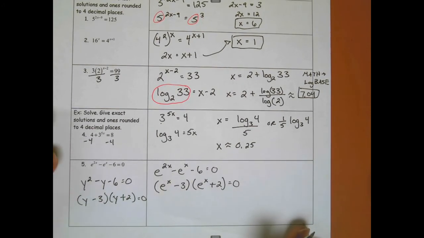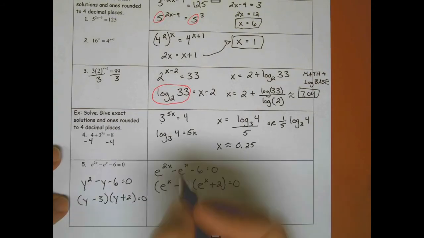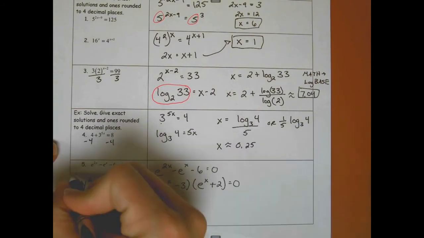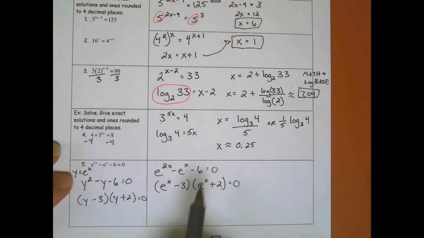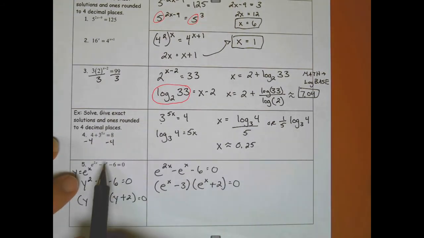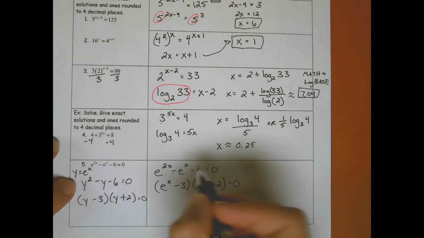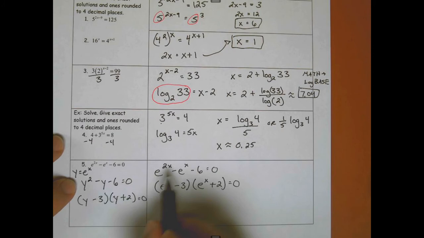Now we could do some kind of substitution, like y is equal to e to the x. A lot of times that confuses people a little bit more. But you can try that. Like if y is equal to e to the x, then I can substitute this for this and this here. Or just try to see the pattern.